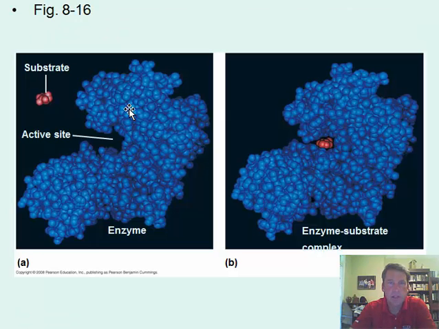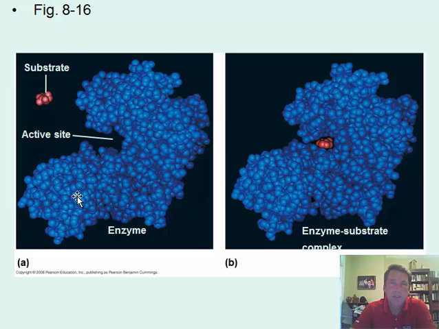So here's an example. This is an enzyme here. It has binding sites, basically an active site, a region where the substrate binds and moves through to carry out the reaction that is going to occur. Here's our substrate, and it fits directly in this active site.